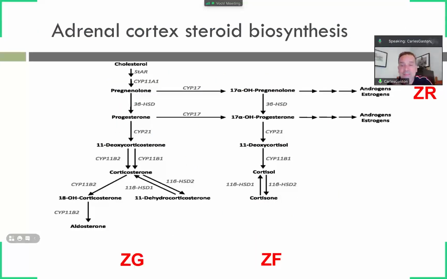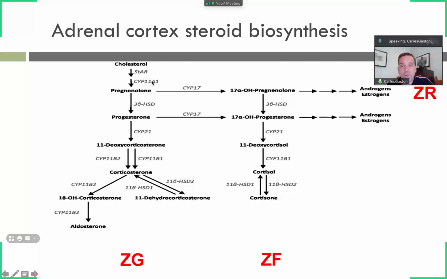This is a little summary of the enzymes and the products of the adrenal cortex steroid biosynthesis, right? Again, if we run slowly through it, we have the cholesterol. It goes into the cell using the StAR transporter that we talked about. And then this cholesterol goes into the mitochondria.